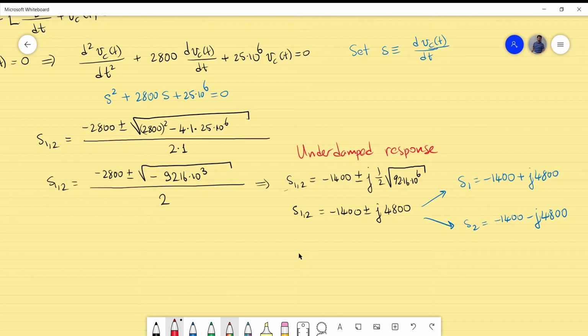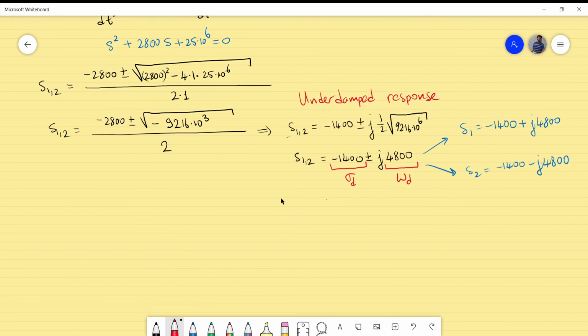Now for the underdamped response, we have another general formula. So let's designate the situation more clearly. I will call this sigma d, and I will call this omega d. This means the damped radian frequency, and that is the damping factor.